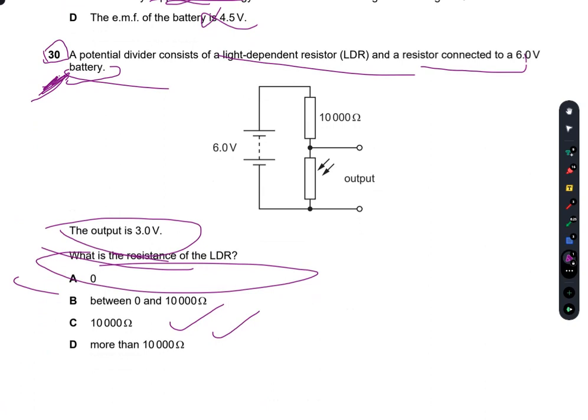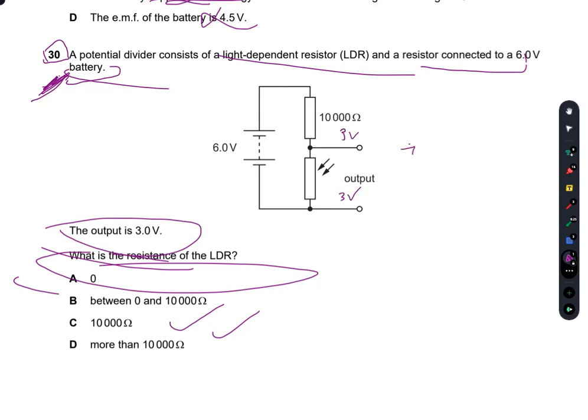Question number 30, a tricky MCQ. A potential divider consists of an LDR and a resistor connected to a 6 volt battery. Now the output is 3 volts. What is the resistance of the LDR? Now this 6 volt battery will supply 3 volts here and 3 volts here.